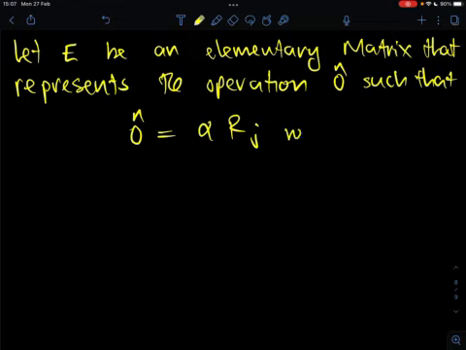We'll assume that alpha is not equal to 0. Let's assume E is an elementary matrix that stands for that.